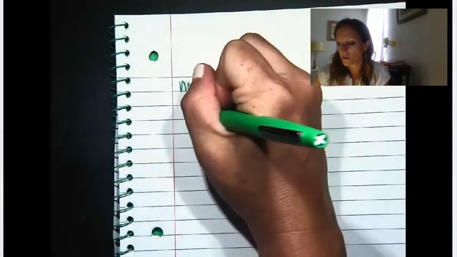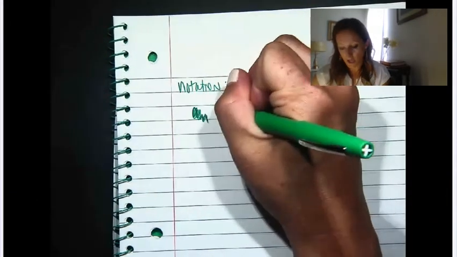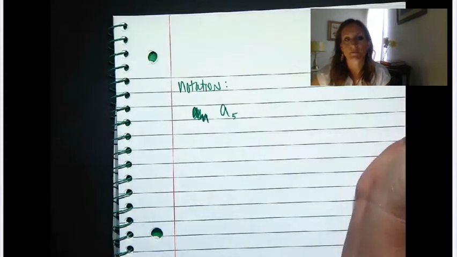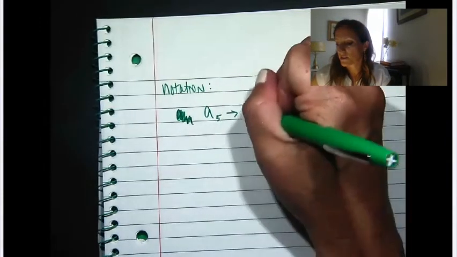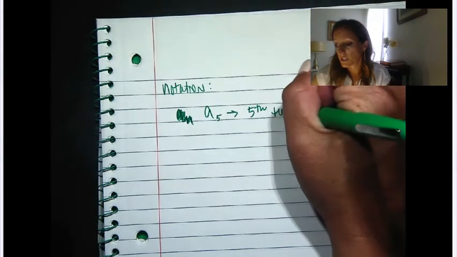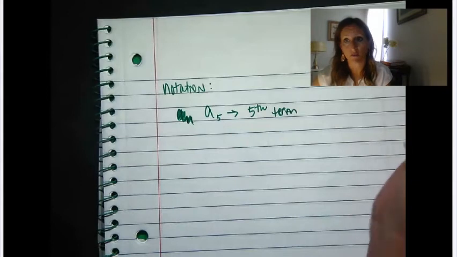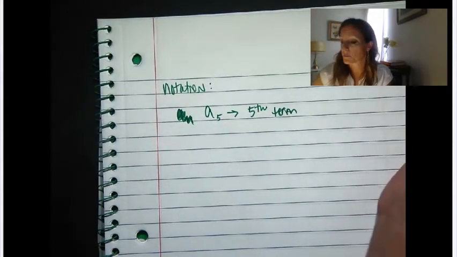If I give you a sub, let me not put an n, let me put an actual number, a sub 5. This means the 5th term. And it can mean the 5th term in the sequence or the 5th term in the series, because there's still kind of both a list. Series means we're just going to add them up.